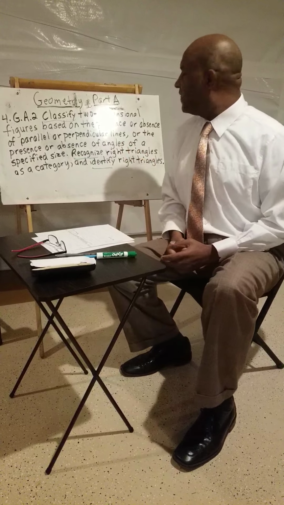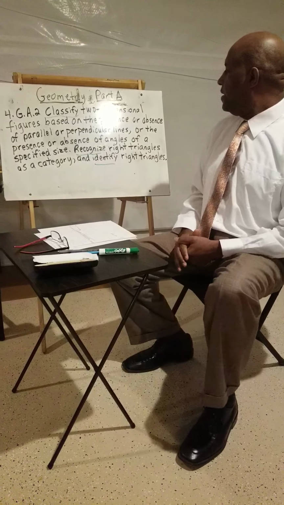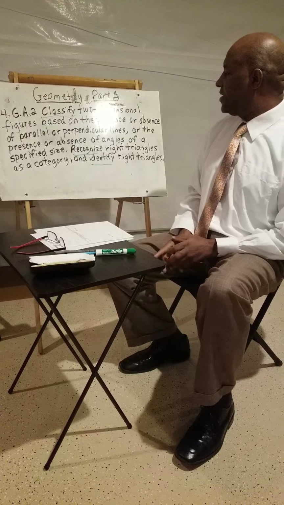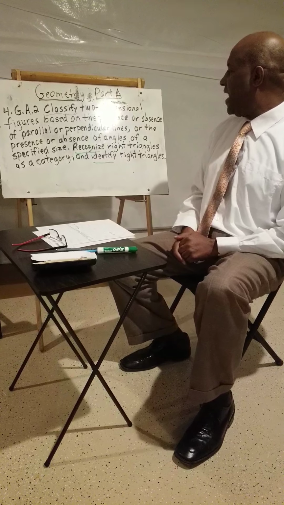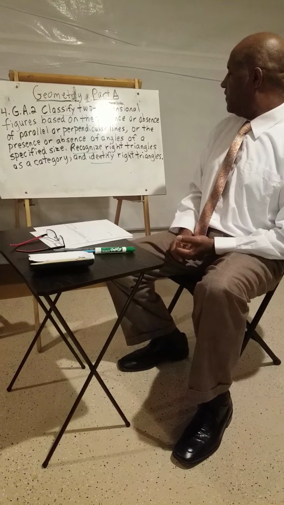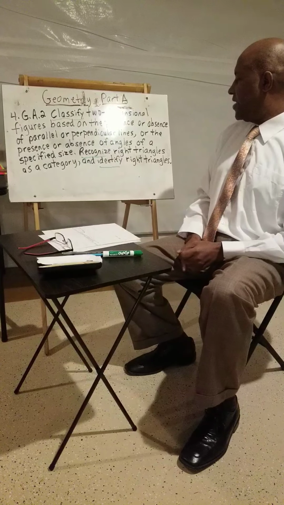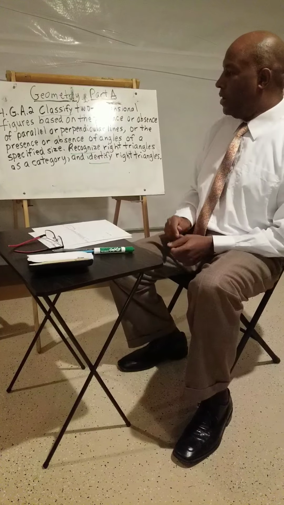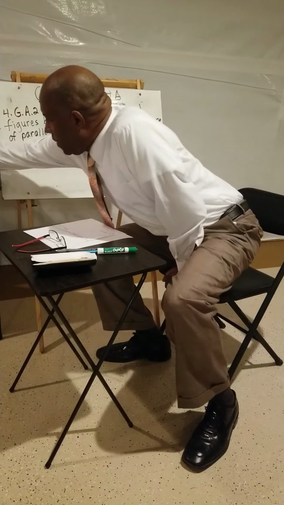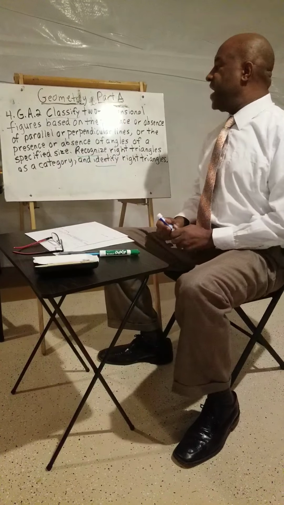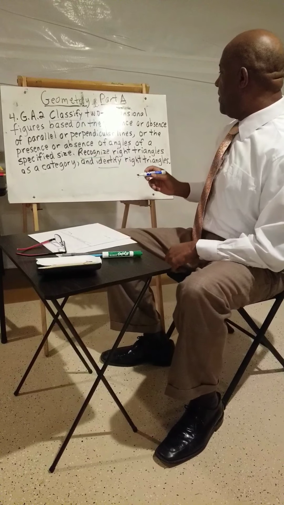So classify two-dimensional figures based on the presence or absence of parallel or perpendicular lines, or the presence or absence of angles of a specified size. Recognize right triangles as a category and identify right triangles. And we're continuing to annotate new information.